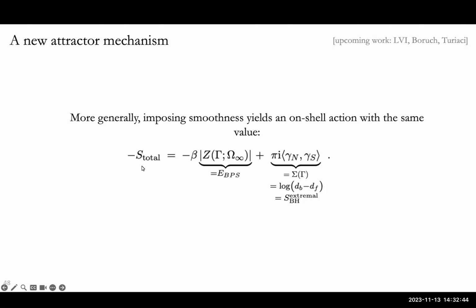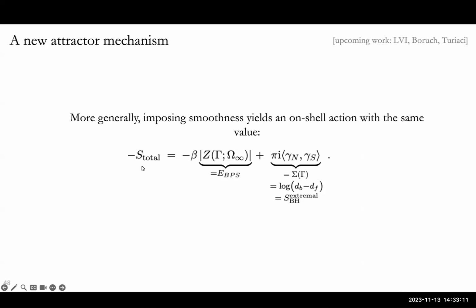The on-shell action is given by beta times the BPS energy of these black holes. That's given by this function known as the central charge, times the intersection product between the charge at the north pole and the charge at the south pole. And from the smoothness condition, this intersection product precisely reproduces the entropy function evaluated at the asymptotic charges of the black hole.